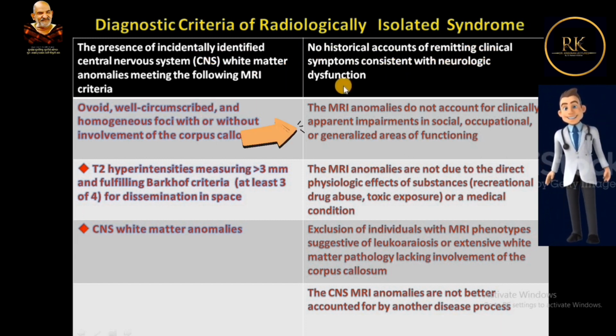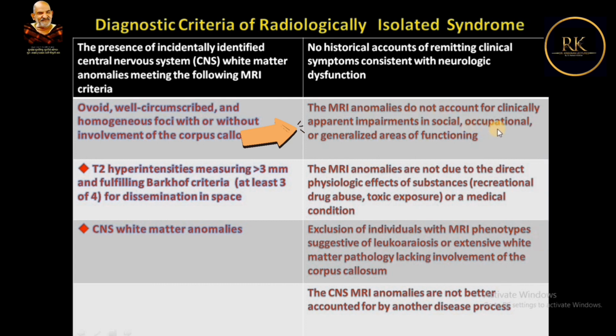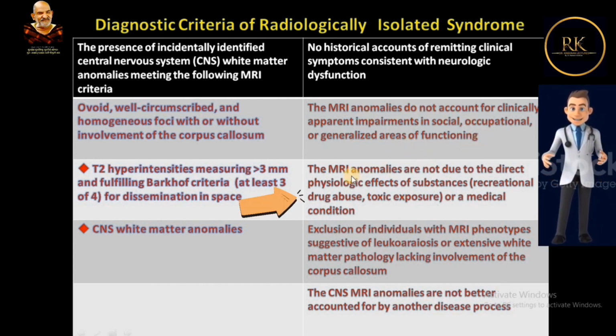That is, MRI anomalies do not account for clinically apparent impairment in social, occupational or generalized areas of functioning. MRI anomalies are not due to the direct physiological effect of a substance, recreational drug abuse, toxic exposures or medical conditions.